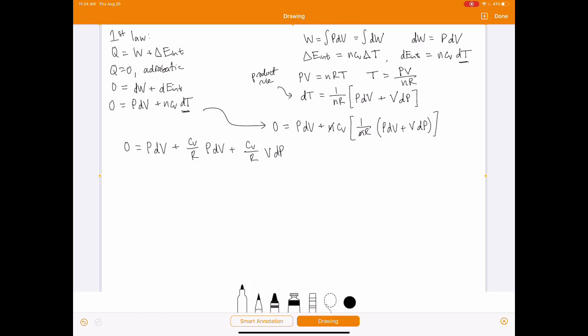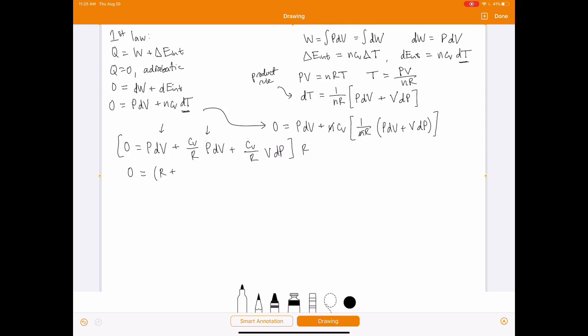All right, so let's multiply on both sides by R, to get rid of the R in the denominator. We have two terms with P times dV in them. After we multiply by R, the first term is going to have a factor of R in front of it.